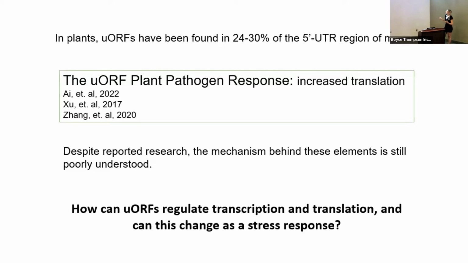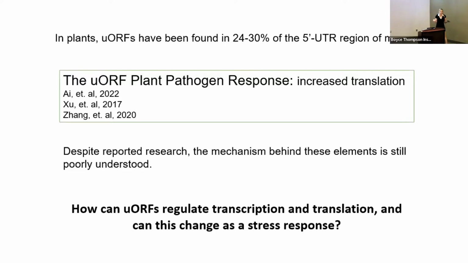And I'll cite an example from the first paper I've listed. So in this paper, they combined an accelerated death gene, uORF cassette, with the PR1 promoter, and found that after pathogen attack, the plant defense protein, lectin receptor kinase, increased in levels.